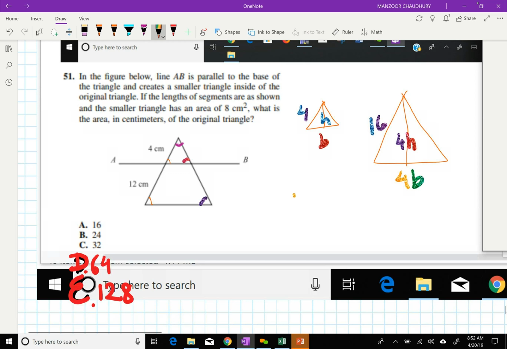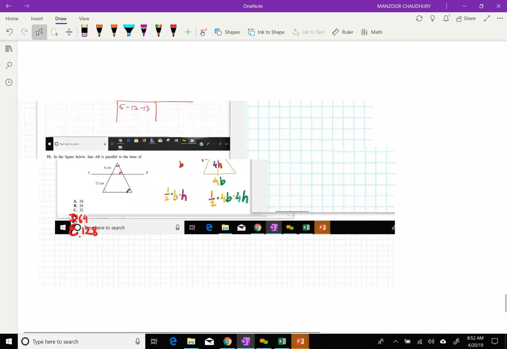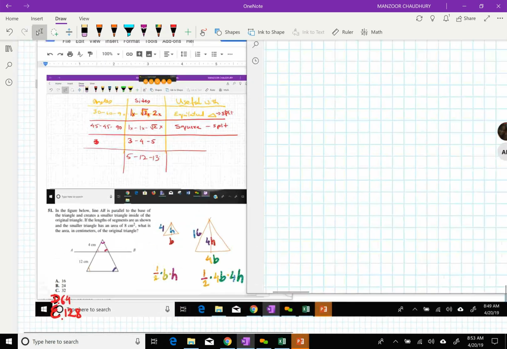So what is the area of the little triangle? 1/2 times base times height. What is the area of the big triangle? 1/2 times 4 base times 4 height. Does that help? You can solve it now.